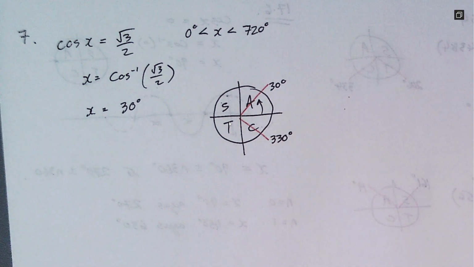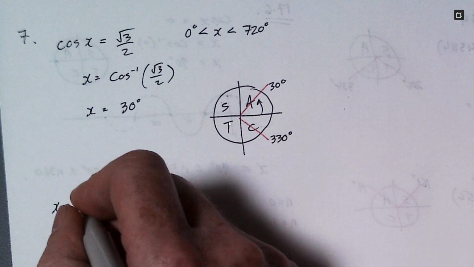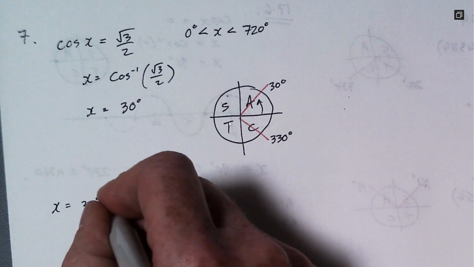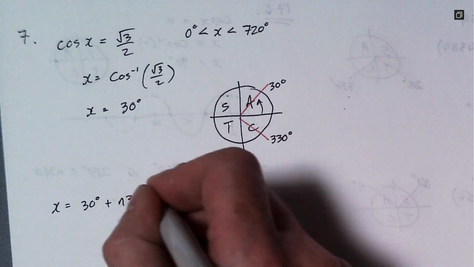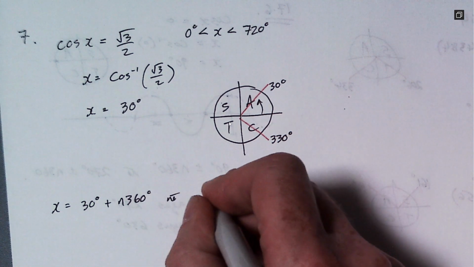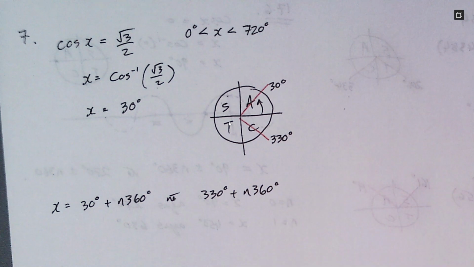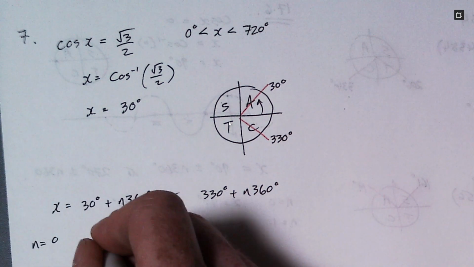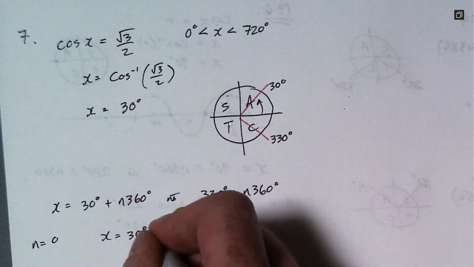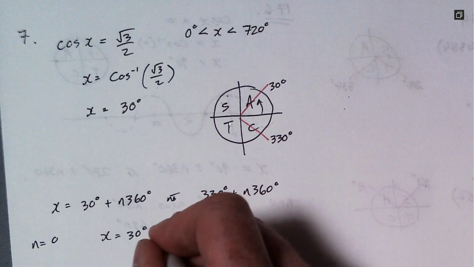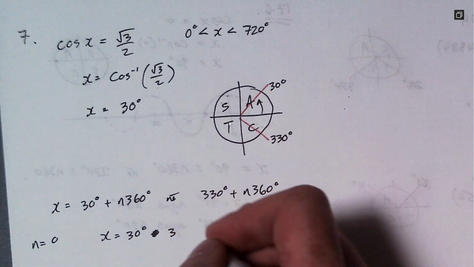Now we want the solutions from 0 to 720 degrees. So x equals 30 degrees plus n times 360, or 330 degrees plus n times 360. Now when n equals 0, x equals 30 or 330 degrees.